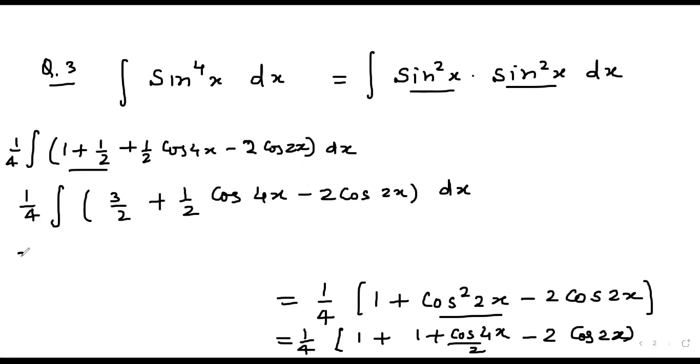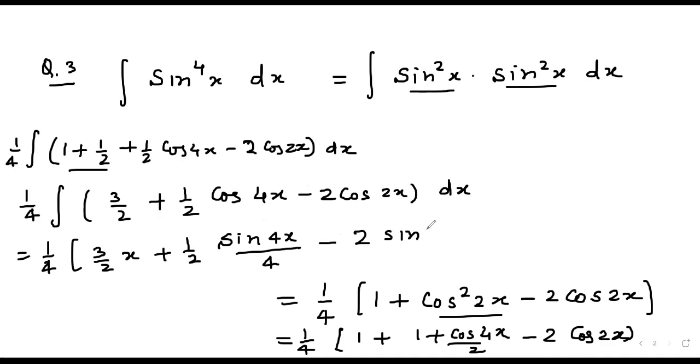Now we integrate. So 1 by 4 times 3 by 2 x plus 1 by 2 cos 4x, integration will give sine 4x divided by 4, minus 2 sine 2x divided by 2 plus c. We can further write it by multiplying 1 by 4 to each term.